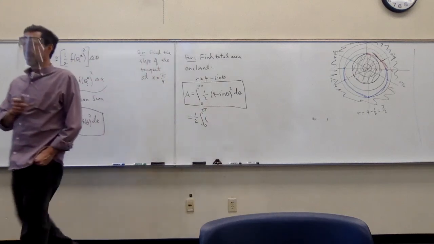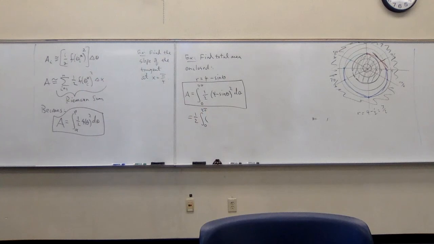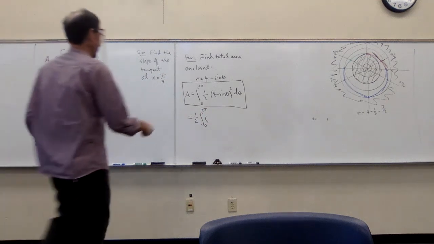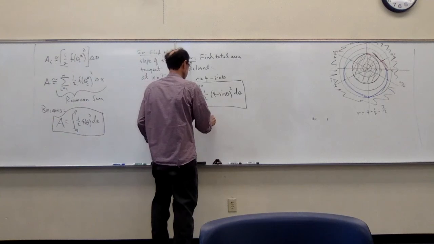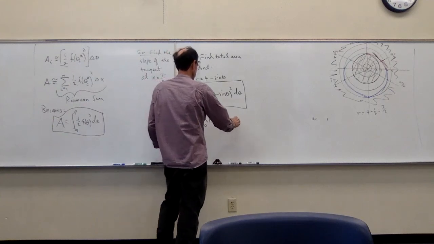Unfortunately, we can't really get an antiderivative taking advantage of the square. The derivative of the inside is cosine, right? And there's no cosine there. So we have to square it out. 16 minus 8 sine theta plus sine squared theta.